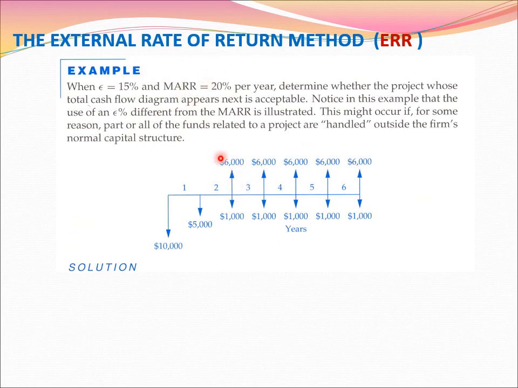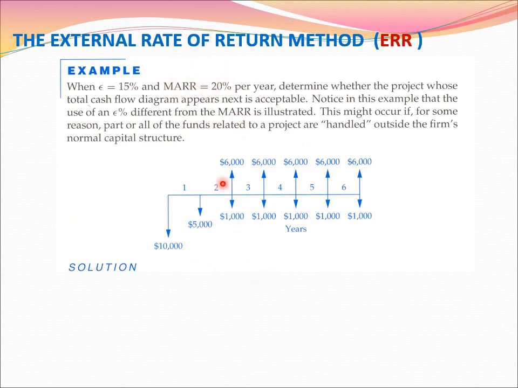It means that when you have an earning from this project, you cannot reinvest it at the percentage of MARR, but you need to invest it in another alternative at 15%. Rarely these kinds of situations occur, but it's rare. Usually MARR is the external rate of return.